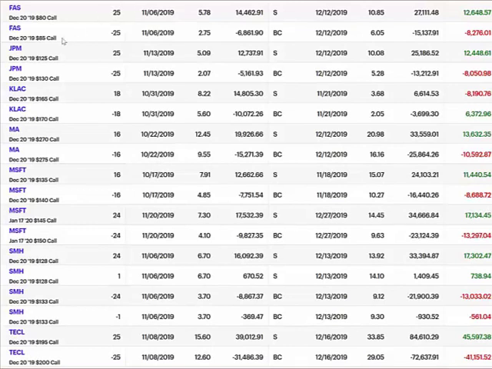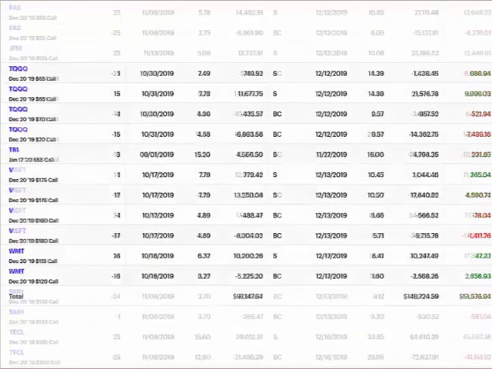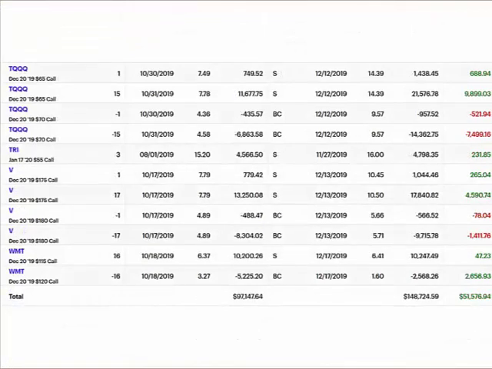Again, this lists the spread that I took, the opening date, the opening price, closing date, closing price, and the net profit or loss. So I had a total profit of $51,776.